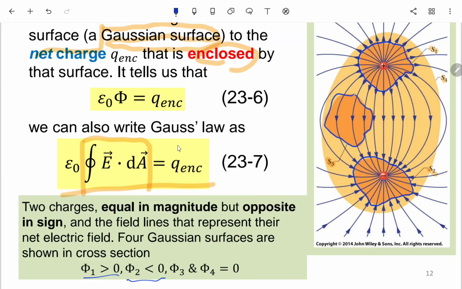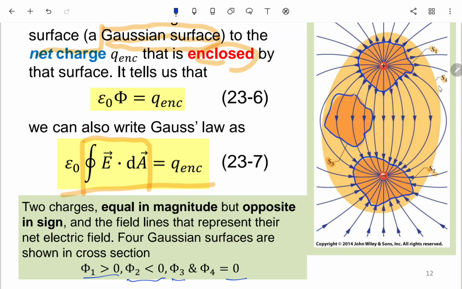So Q enclosed is 0 for S3. Epsilon is a positive value, so it is not 0, which means that this term must be 0. So we can see that phi 3 is equal to 0.